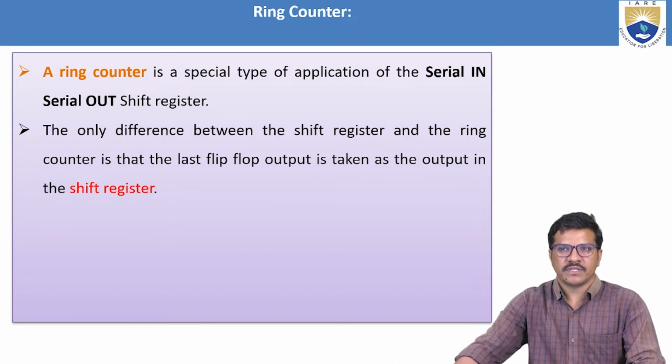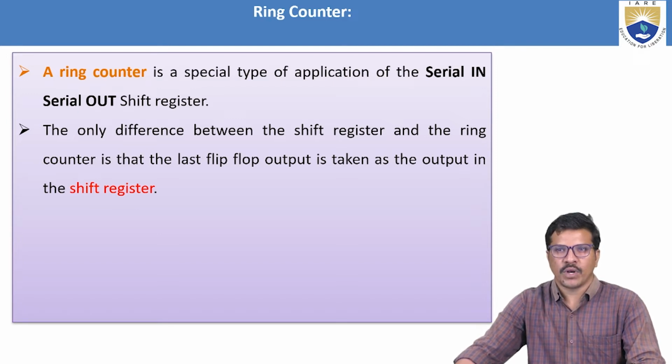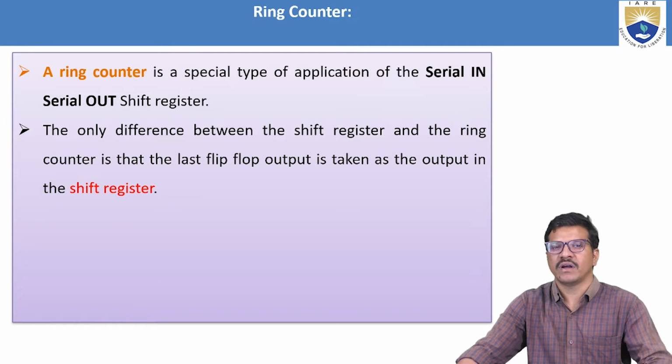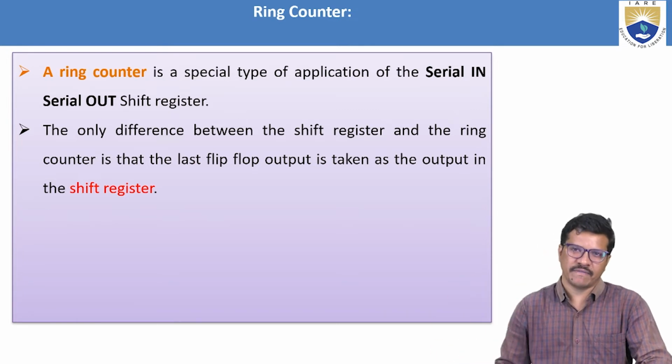The only difference between the shift register and the ring counter is this: in the shift register, the input is given at the first flip-flop and the output is taken at the last flip-flop.